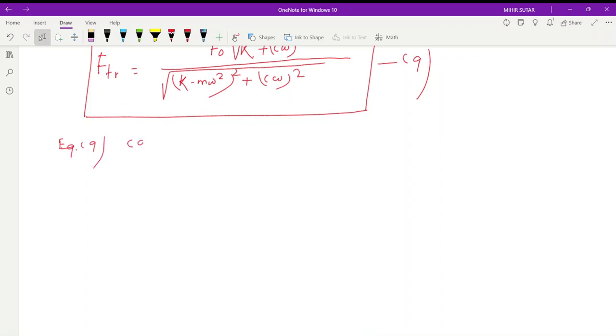So equation 9 can be represented as a dimensionless form.